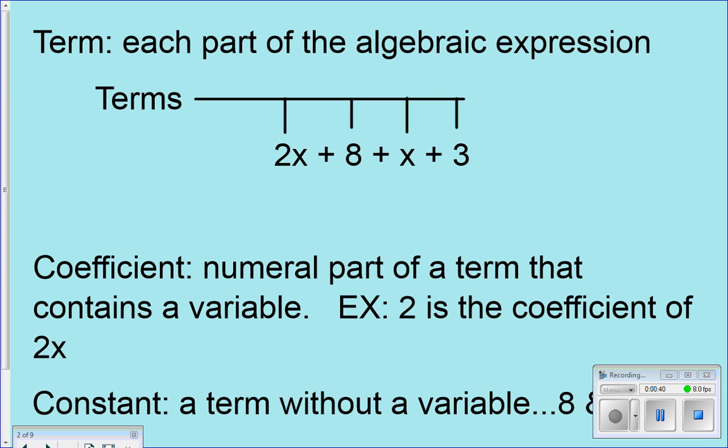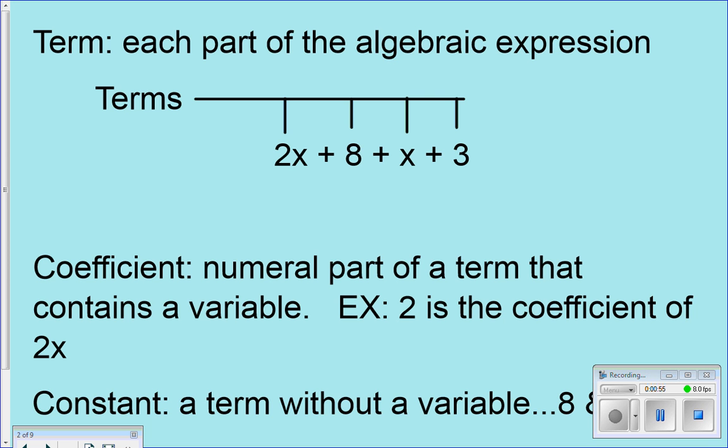So the first thing I have is a term. Let's just do term first, and then I'm going to explain what I have below here, okay? A term is each part of the algebraic expression, and it's kind of like when we talked about sequences. Remember, it was each little part of the sequence?